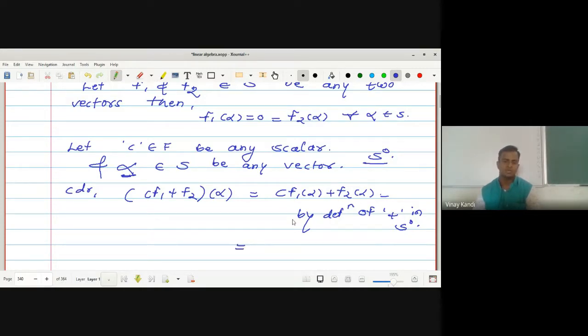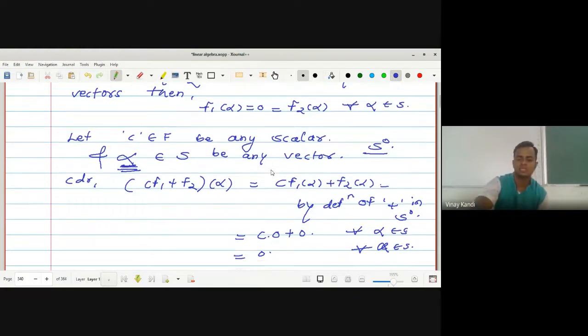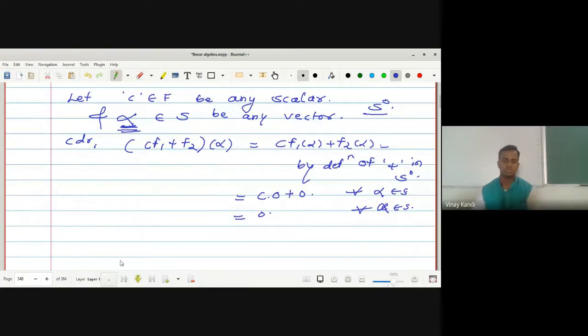So this is equal to what? F1 of alpha is 0. So C into 0 plus 0, which is equal to 0. So this one is for all alpha belongs to S, because C is any scalar, arbitrary. Hence it is true for all alpha belongs to S.